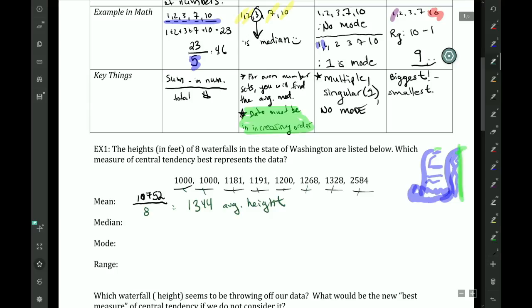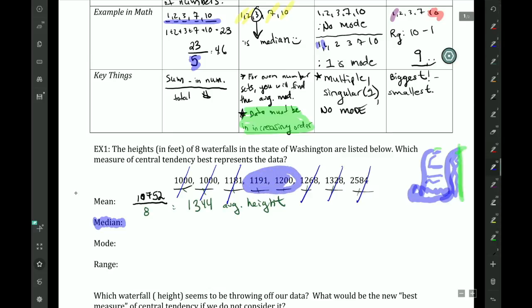The median, okay, what's the key thing with median? Must be in order from smallest to largest. I already took the liberty to do that. So since they're in order, I'm going to cross off one from the left, one from the right. Left, right, left, right. Oh no, I'm left with 2 middle numbers. Okay, so I have an even number of data points.